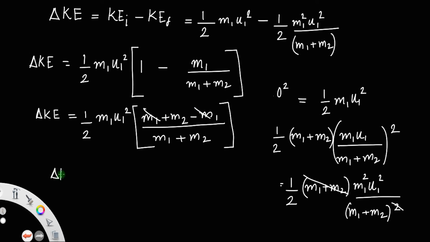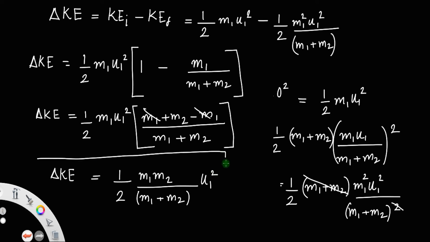Therefore, finally, the change in kinetic energy is equal to half m1 m2 divided by m1 plus m2 times u1 square. Clear? This is the expression for change in kinetic energy.